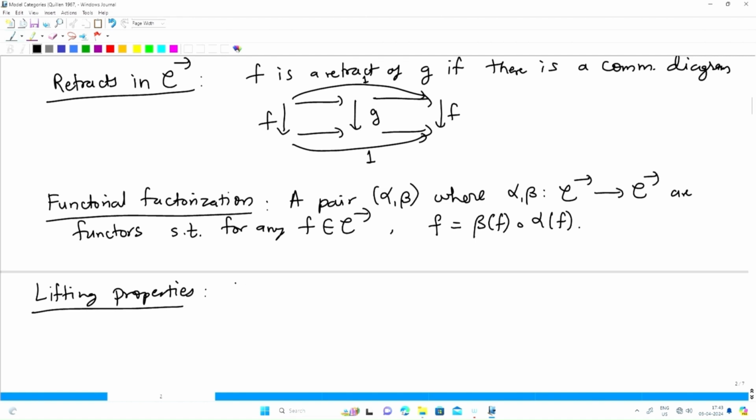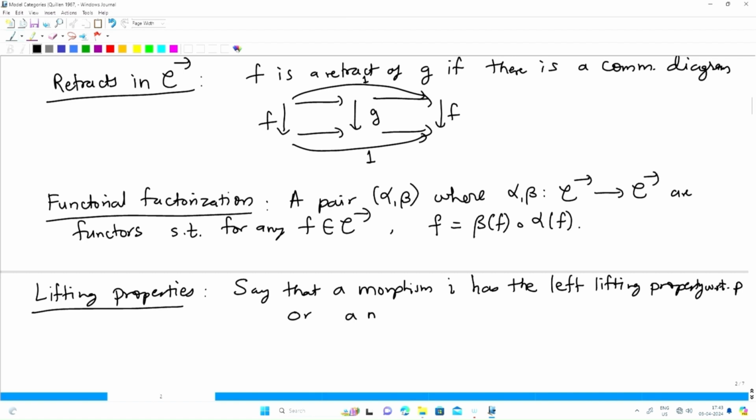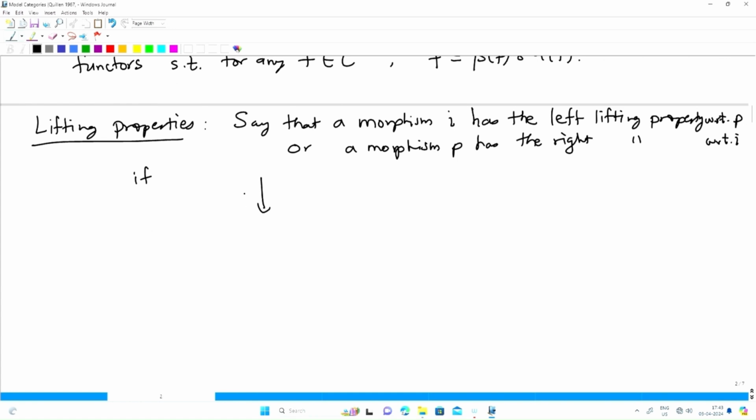Say that a morphism I has the left lifting property with respect to P, or equivalently P has the right lifting property with respect to I, if whenever you draw this I and P and you have a morphism between those two, then for all such squares there exists a diagonal filler such that both the triangles commute.